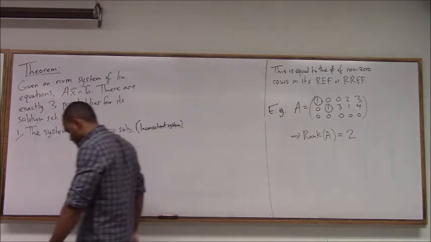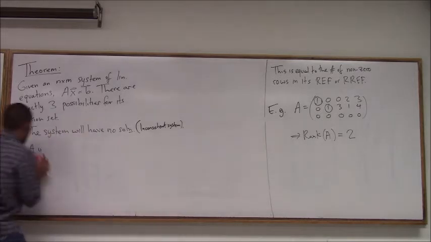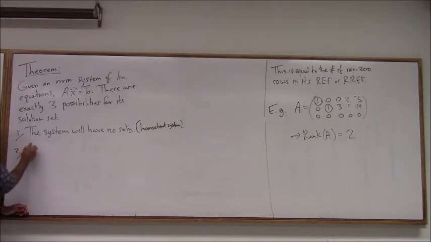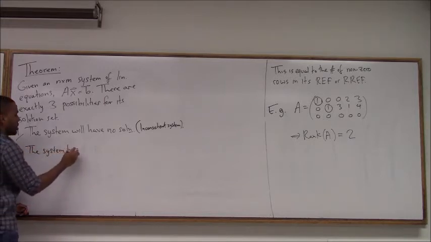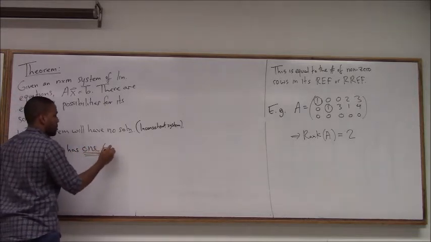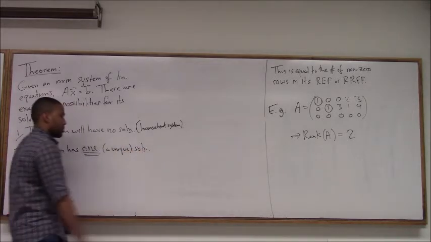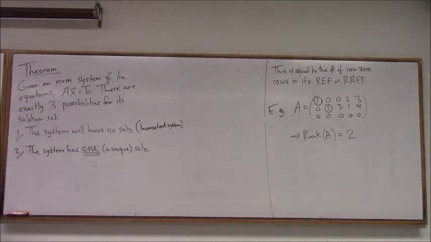So that's one possibility. The other possibility is the system has a unique solution. The third possibility is the system will have infinitely many solutions.